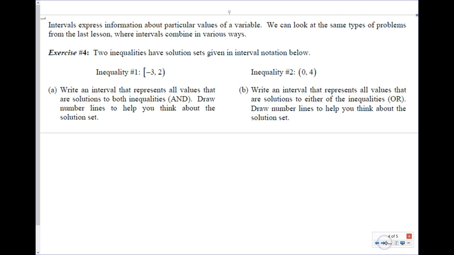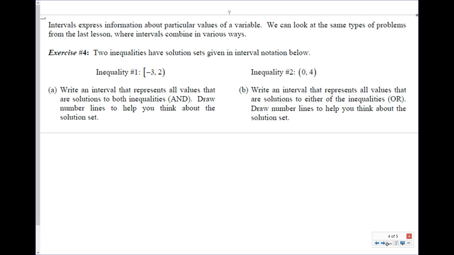All right, exercise 4. Exercise 4 is where we're going to talk about compound inequalities. So intervals express information about particular values of a variable. We can look at the same types of problems from the last lesson, compound inequalities, when intervals combine in various ways. Exercise 4 says two inequalities have solution sets given in interval notation below.